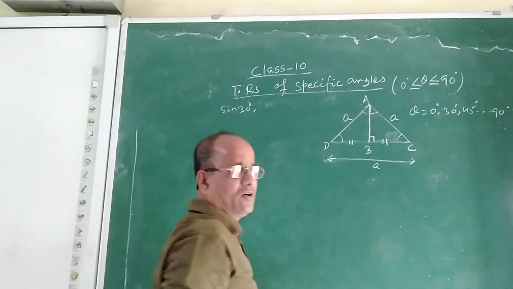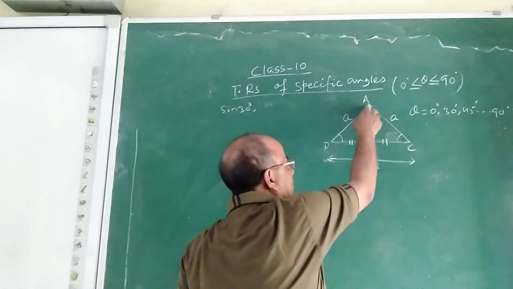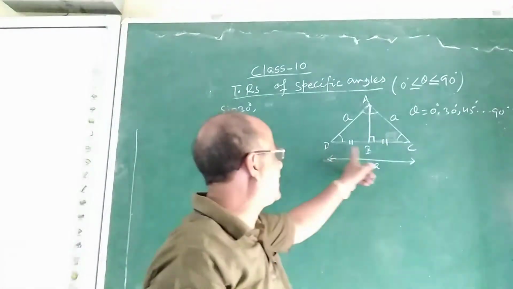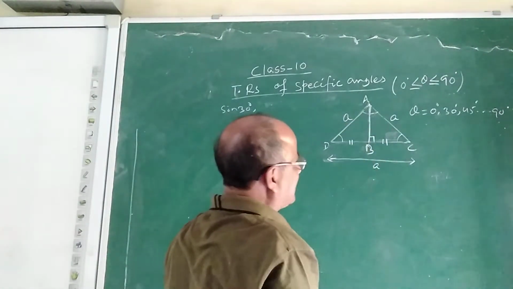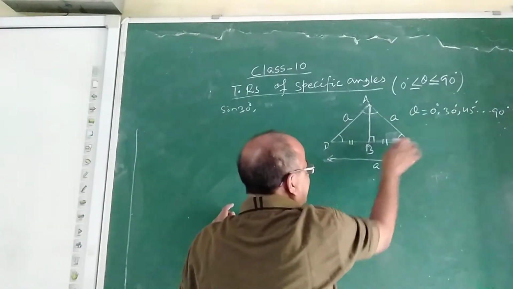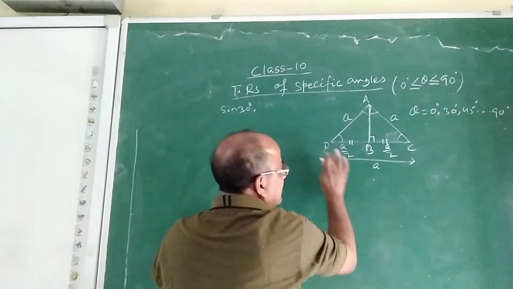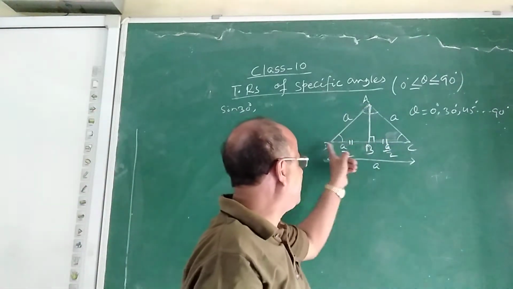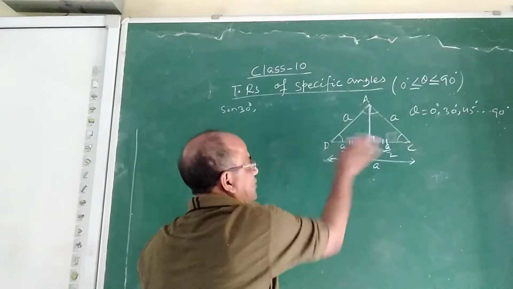You can also prove it by taking the congruency of triangle ADB and triangle ADC, which gives BD equal to DC. Since the length of side BC is A, BD and DC will each be A by 2.